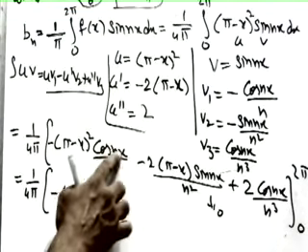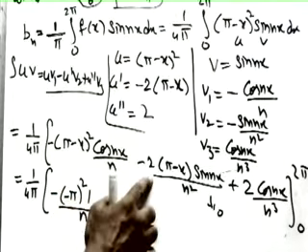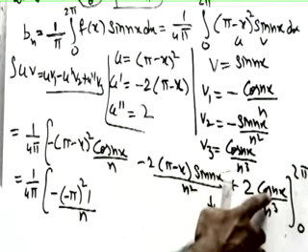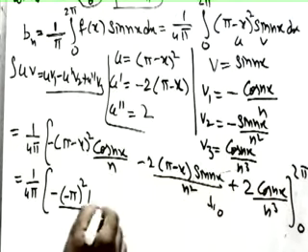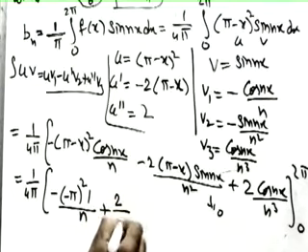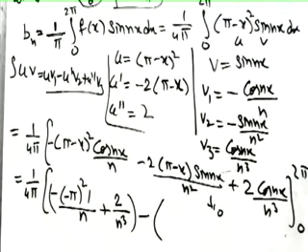If you substitute 2 pi here, it will become cos 2 n pi. Cos 2 n pi is 1, by n. This will become 0, this will become 0. Now here, cos 2 n pi is 1, plus 1 into 2 is 2 divided by n cube. So this is the upper limit.